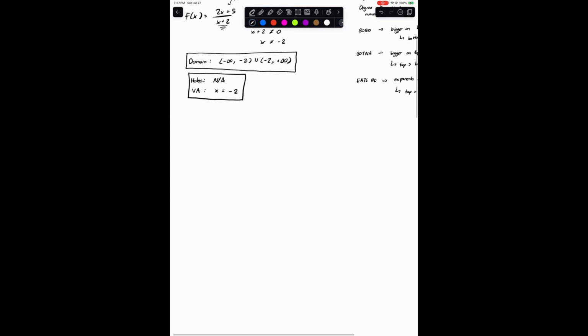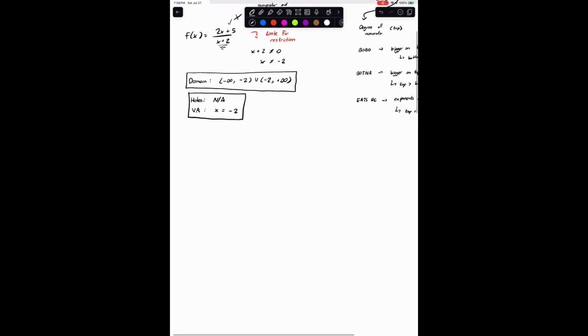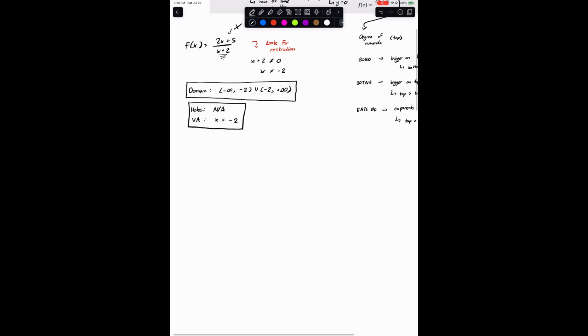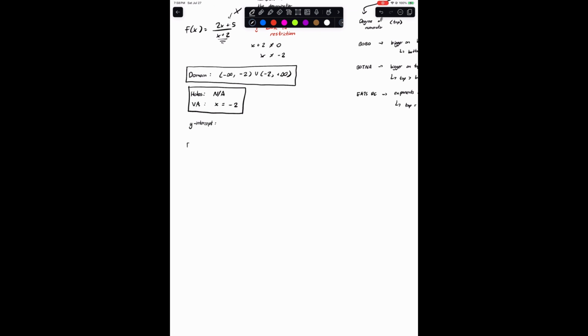Our discontinuities, right? For our y-intercept and x-intercepts, we just need to plug in 0. So for y-intercept, this is when x equals 0. So f of 0 equals 2 times 0 plus 5 over 0 plus 2.